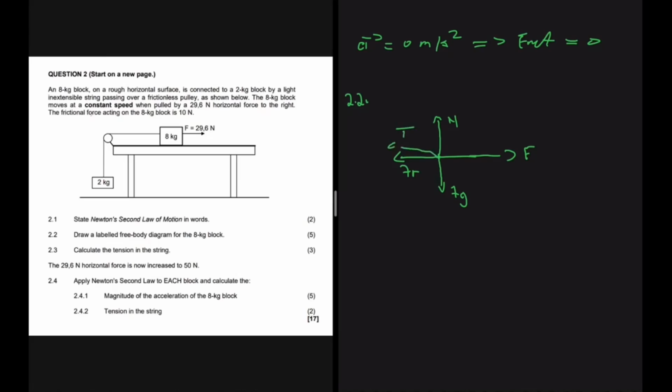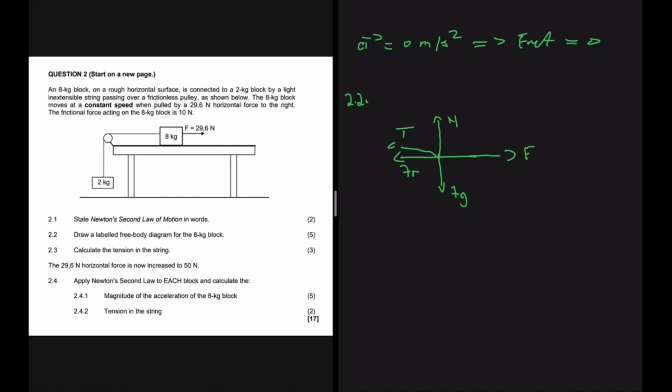So I'm just going to put it there. Those are the forces acting on the 8 kg block. The tension and the frictional force is equal to the force that is being applied, right? And thus it is moving at a constant speed, like they stated.